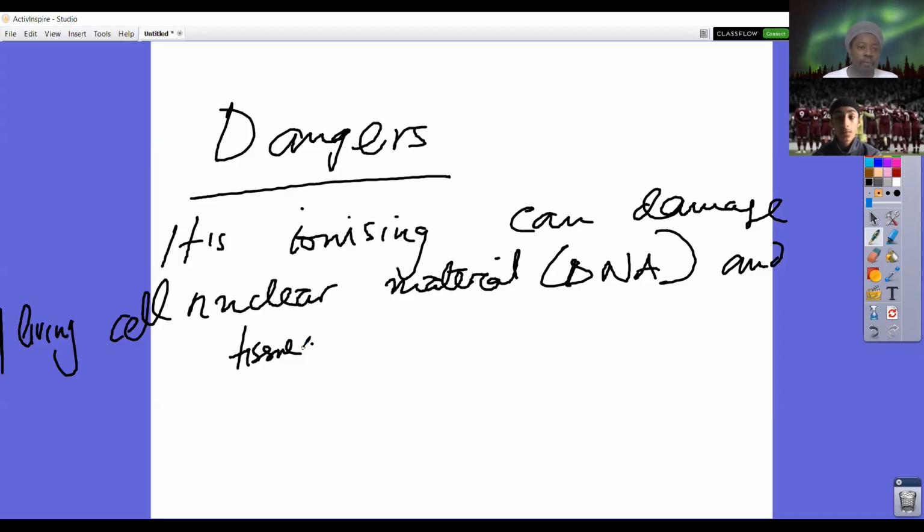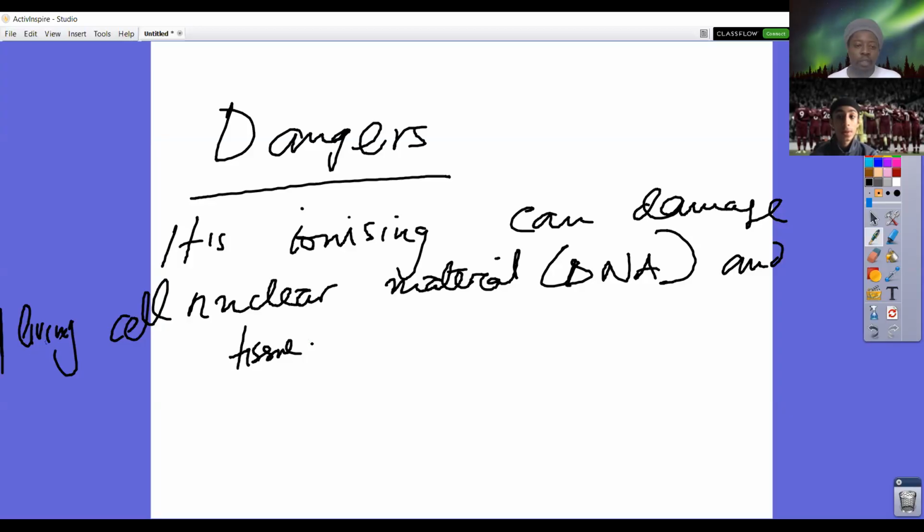Beta, even though it's not as ionizing, can penetrate to far greater depth, but because it has such a huge range, it loses a lot of its energy, and because it's not as ionizing, it doesn't do as much damage to your body. Gamma rays, similar arguments. But the key thing is that you don't want to be overexposed to high levels of radiation.